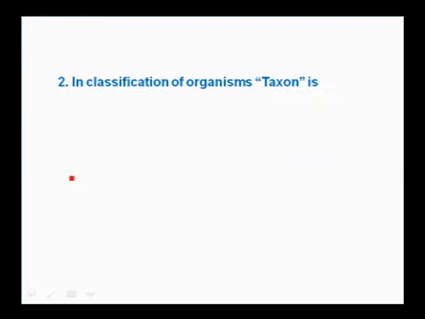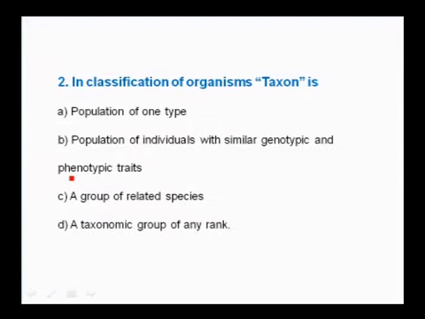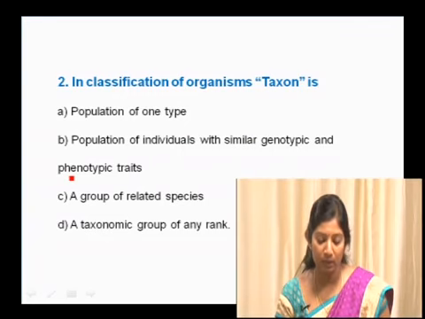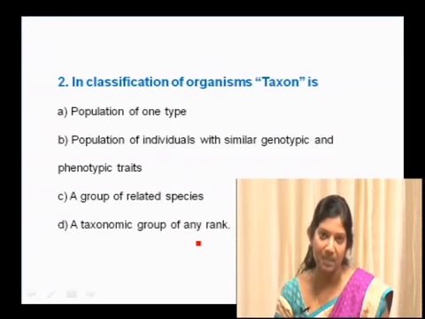In classification of organisms, taxon is: the options are population of one type, population of individuals with similar genotypic and phenotypic traits, a group of related species, a taxonomic group of any rank. According to the explanation, by this time you might be knowing that a taxonomic group of any rank is the right answer.